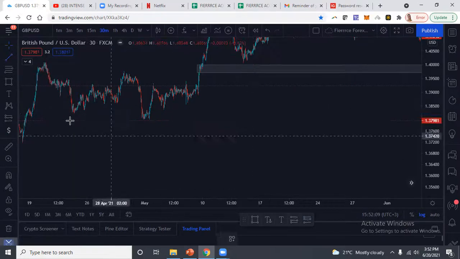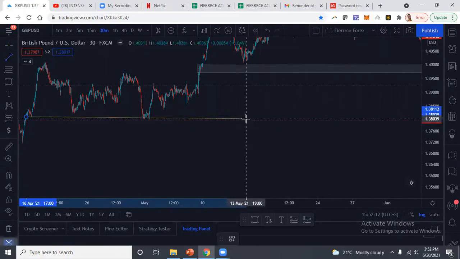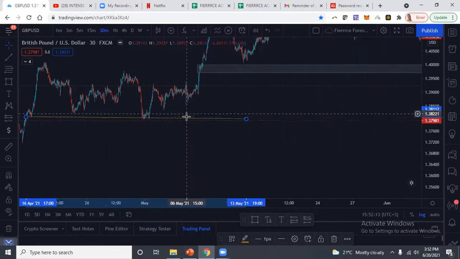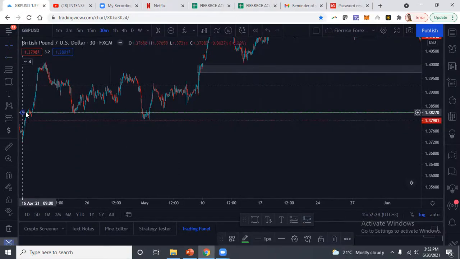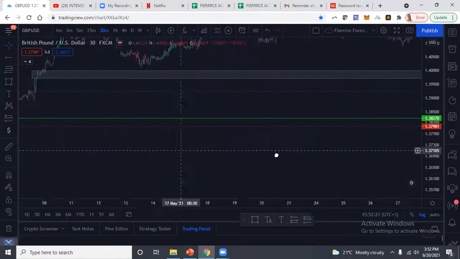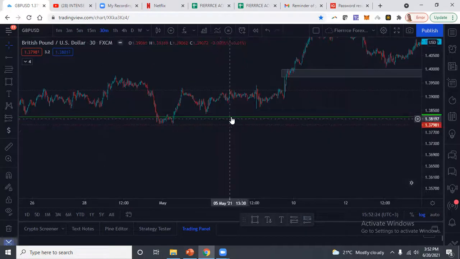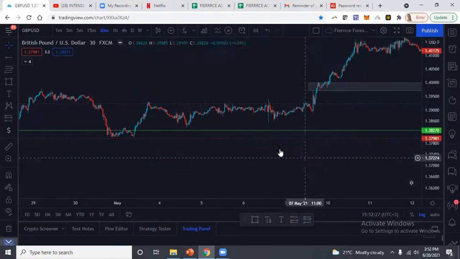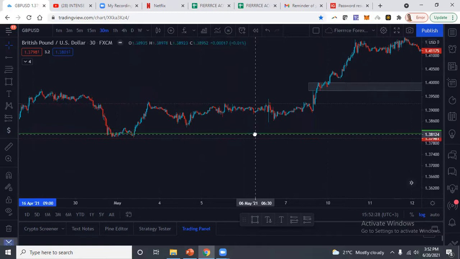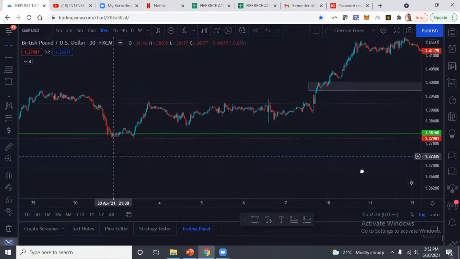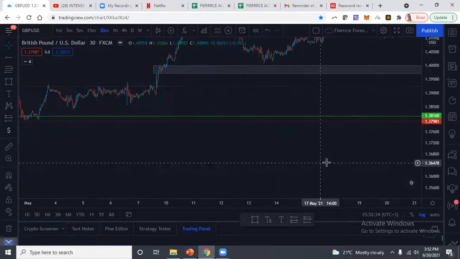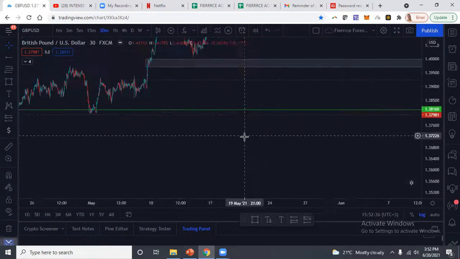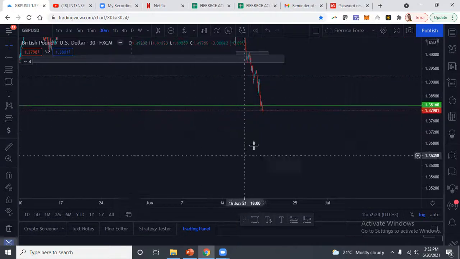This is a level of structure that we are possibly retesting, or maybe I can even use my horizontal ray lines, but you guys can see. We are possibly retesting these previous levels of structure, which have been retested before here, and we've just broken slightly below that on GU.